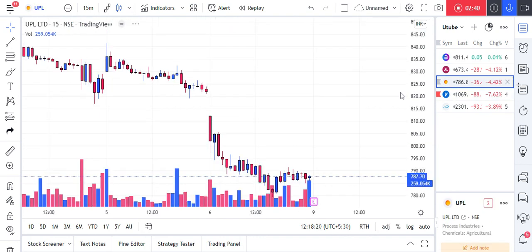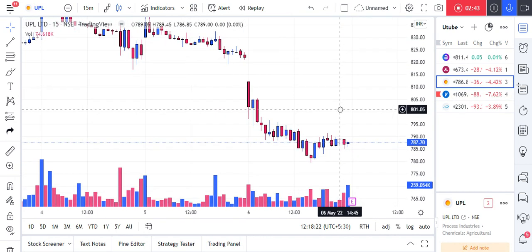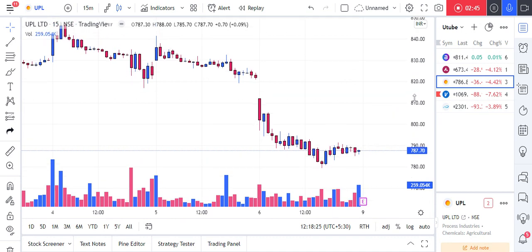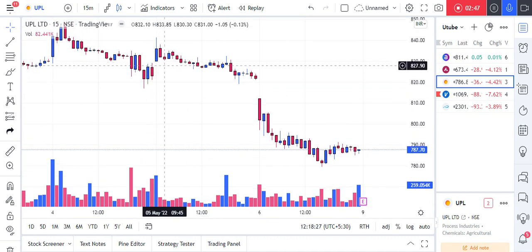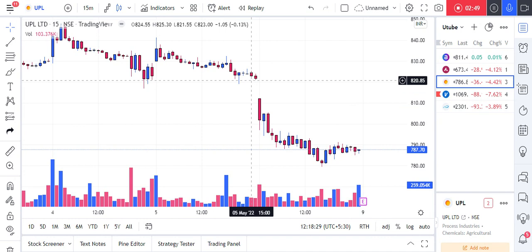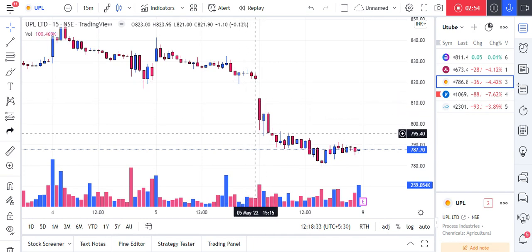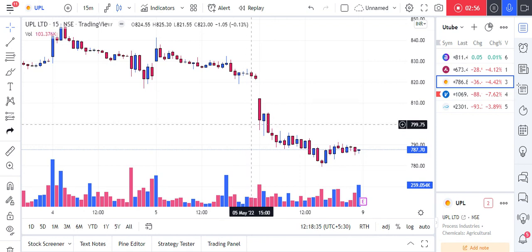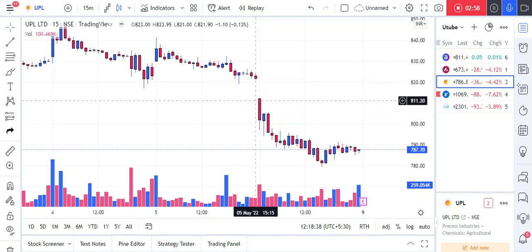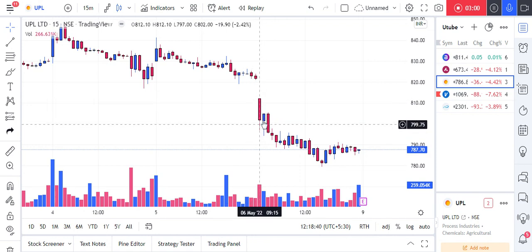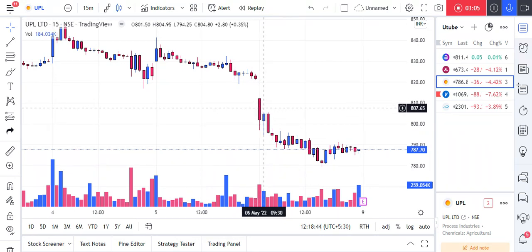Let me take another example. The price has opened below the previous day's low, and it is a bear candle. We are having a small lower wick, but it is small. If the lower wick is very big, then even though the candle is bear, it will be having some bullishness.